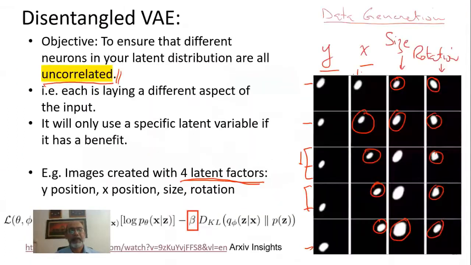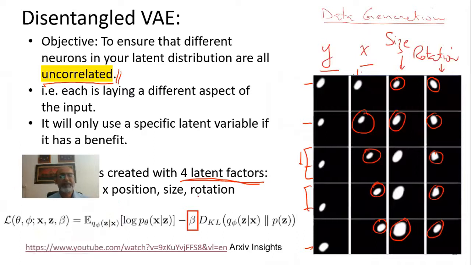Without going into too much detail in the technique, this is similar to something we've done before, where in the loss equation we add a particular parameter and we change it. Where have we seen this before?